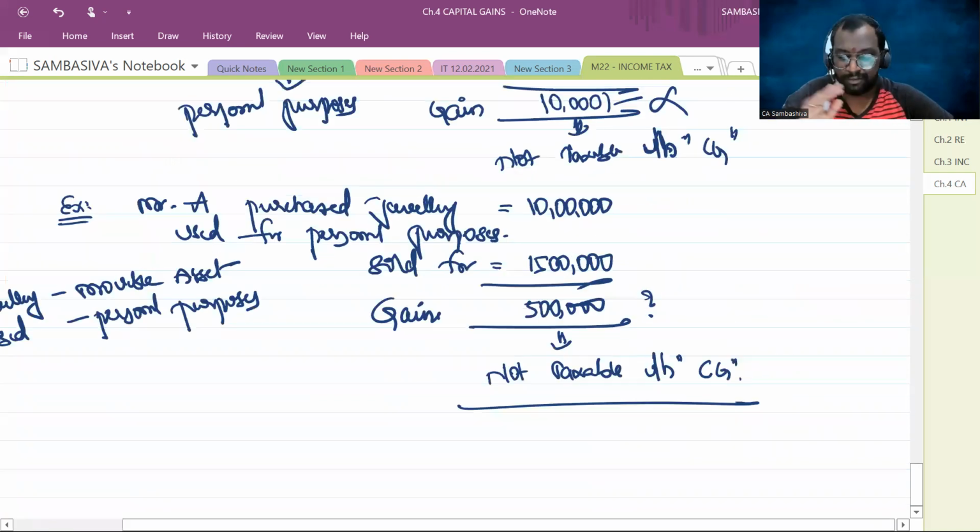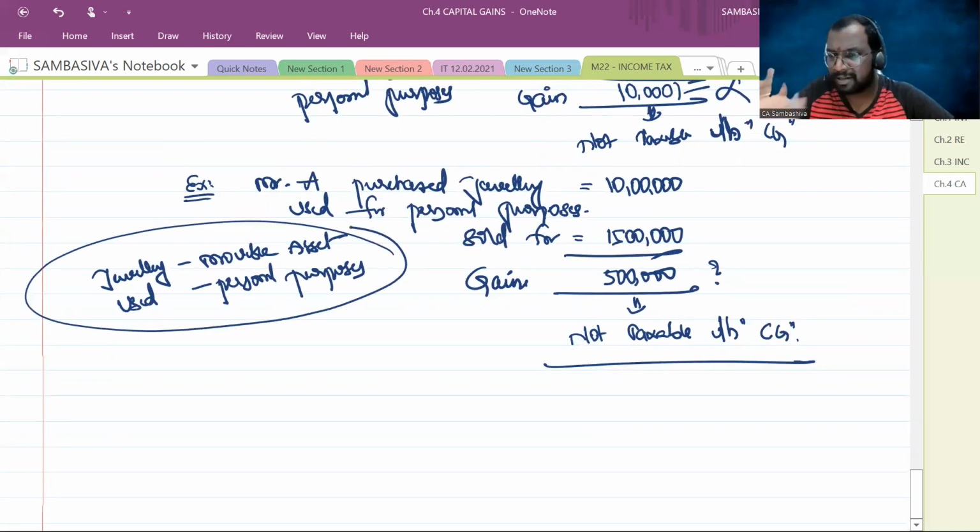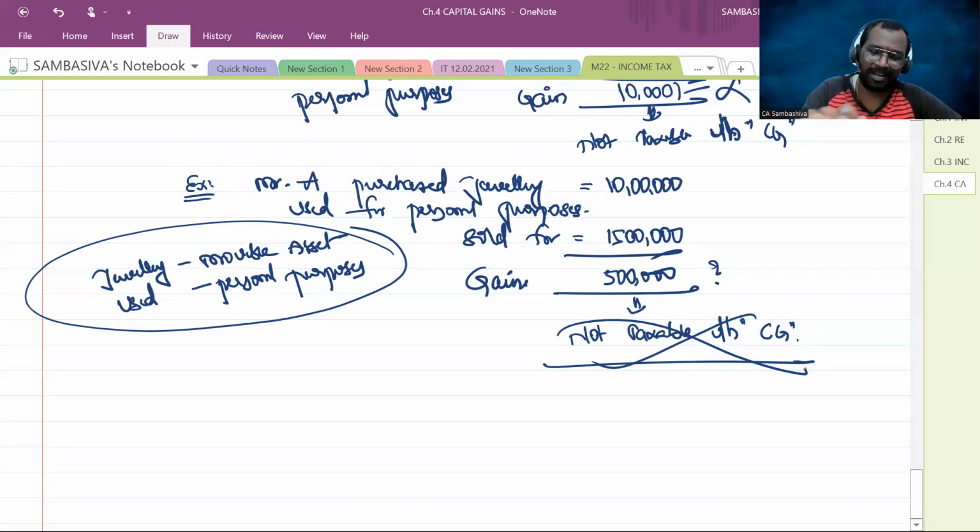But whatever conclusion you have given, your explanation is correct. Jewelry is a movable asset used for personal purposes. This explanation is correct, but the conclusion is not correct. It is taxable under the head capital gains.